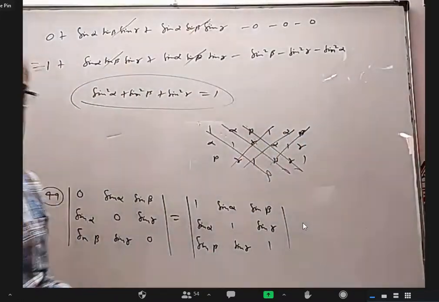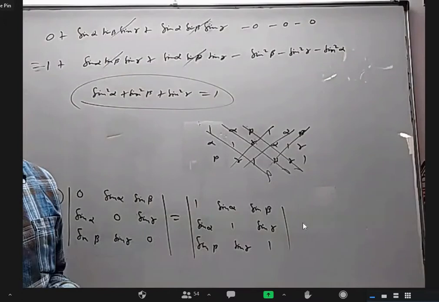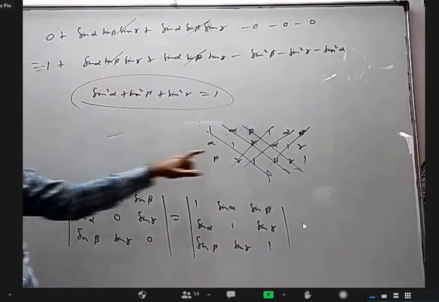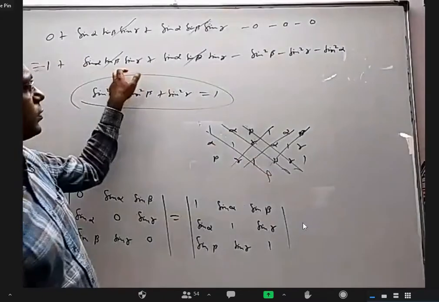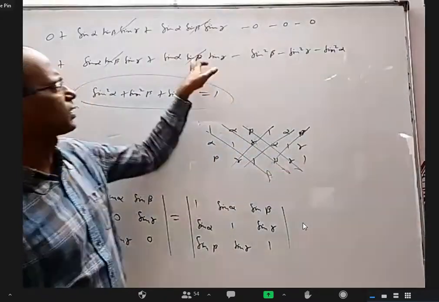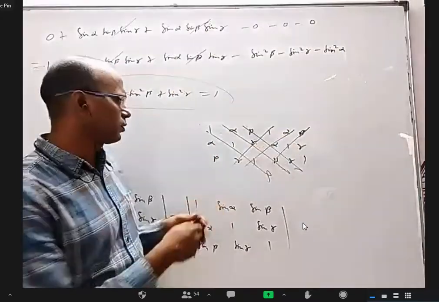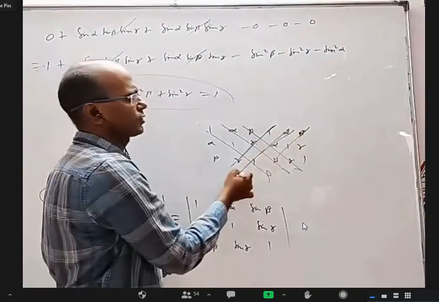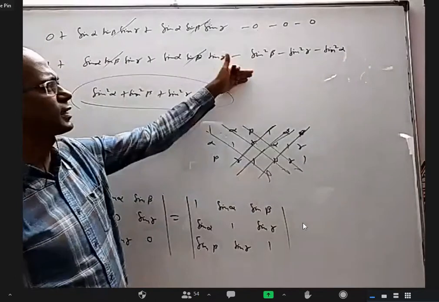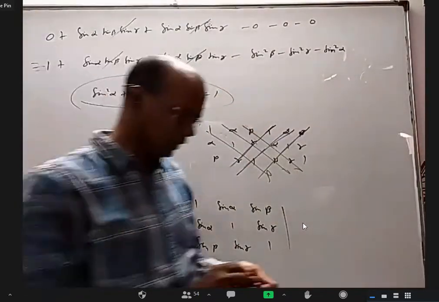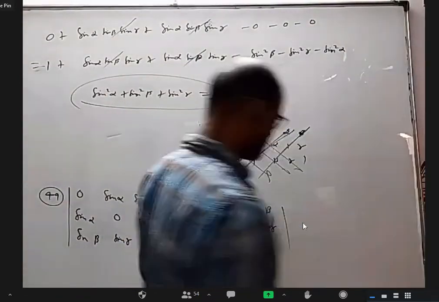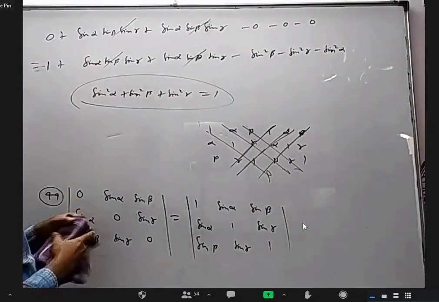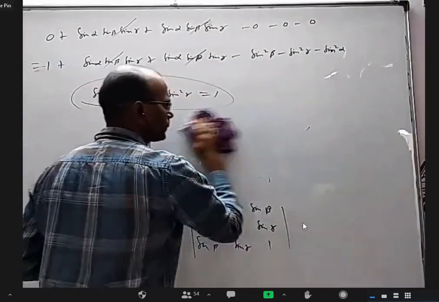You remember that? Yes, sir. Okay. So this is 1. This is sin alpha into sin beta into sin gamma. This is sin beta into sin alpha into sin gamma. Same. This one is minus gamma square, this is minus alpha square, this is minus beta square. So that is minus sin square beta, sin square gamma, sin square alpha. I expanded that way, but you expand any way, it doesn't matter. You'll get finally the same expansion here and here. Some things got cancelled.